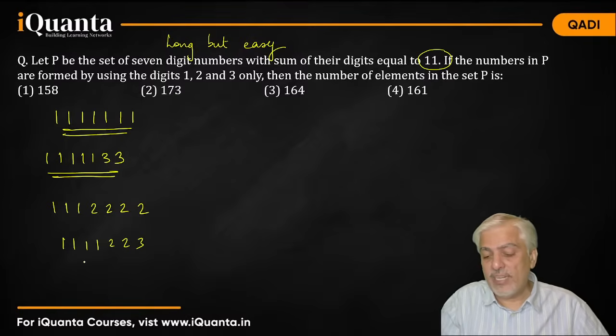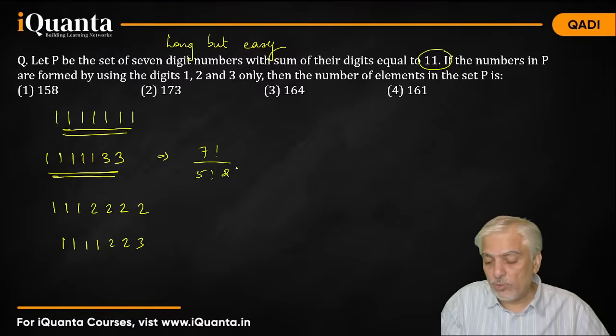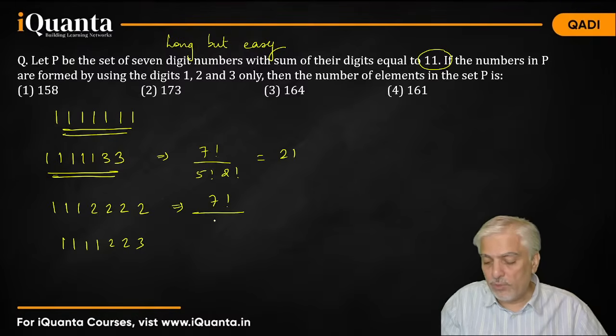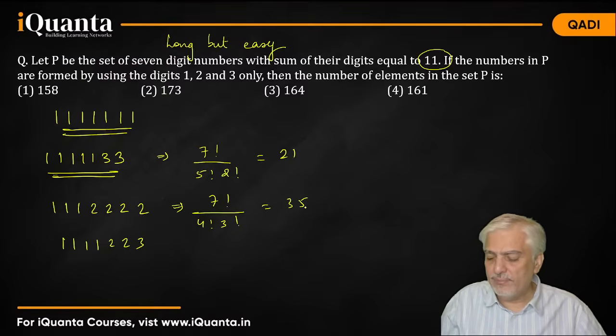Now, the regular arrangement. This can be arranged in 7 factorial divided by 5 factorial into 2 factorial, which will come 21. This will be 7 factorial upon 4 factorial, 3 factorial, which will be 35 if I'm not mistaken.